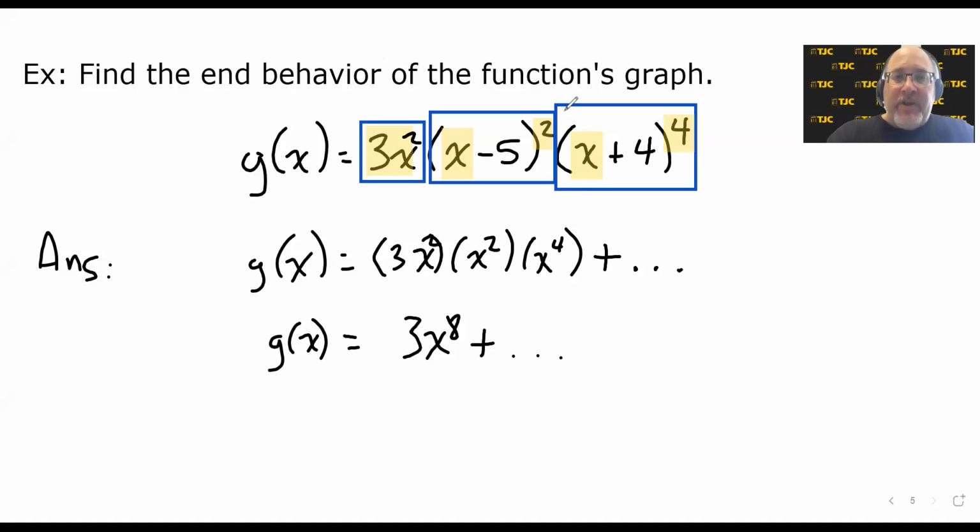Well, we know that the leading coefficient is 3, and we know that the degree is 8. Because the leading coefficient is 3, and more specifically, the leading coefficient is greater than 0, this means that the right rises.